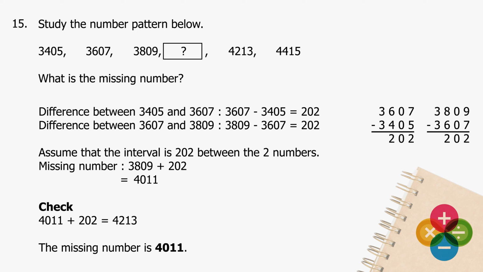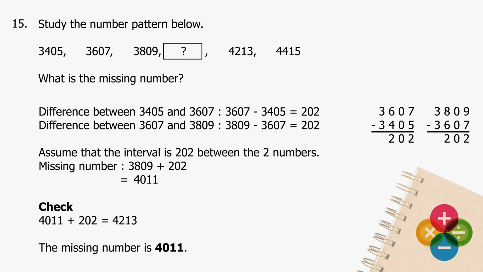The difference between 3405 and 3607 will be, subtract 3405 from 3607, and the difference is 202. The difference between 3607 and 3809 will be, subtract 3607 from 3809, and the difference is 202.